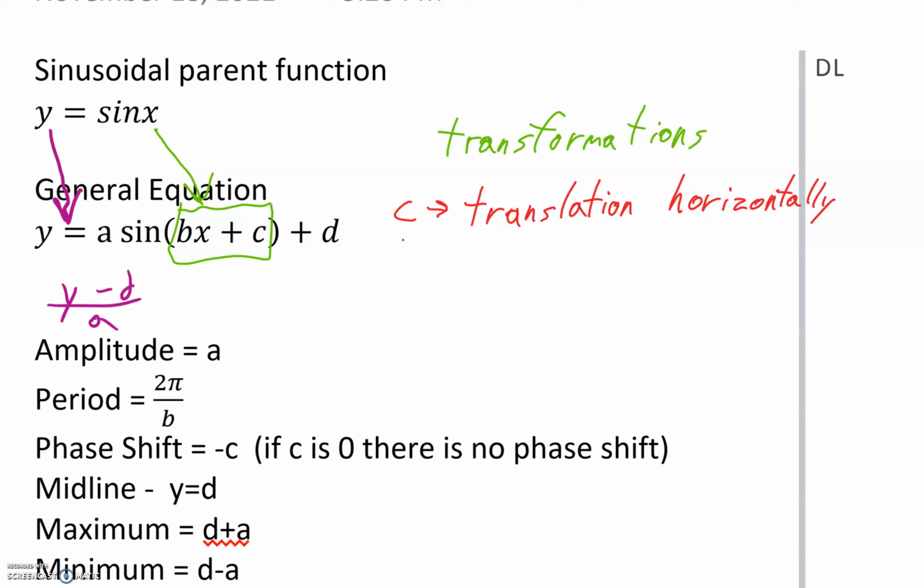Because b is multiplying x, it gives us a stretch horizontally, because it's x.